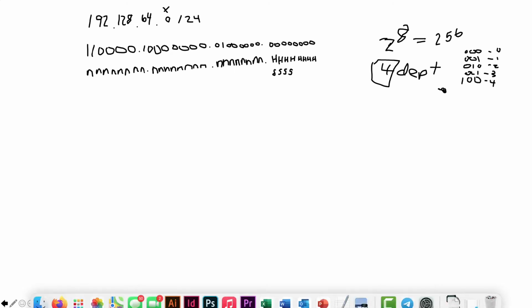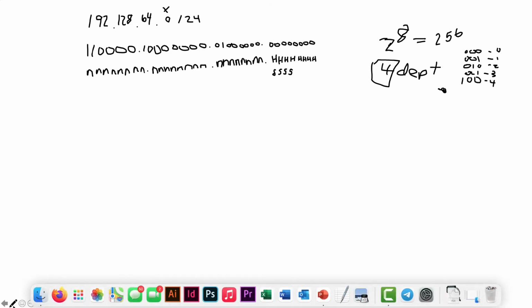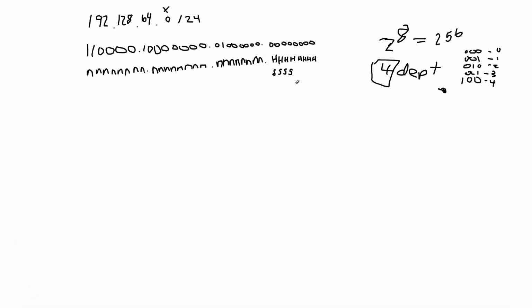Actually, I need 3. So let me go ahead and erase one of those. I don't want to borrow too many. If I borrow too many, then I'm not going to have as many computers on the network. So I'll have smaller networks. So I want to fit it exactly the way I need it.